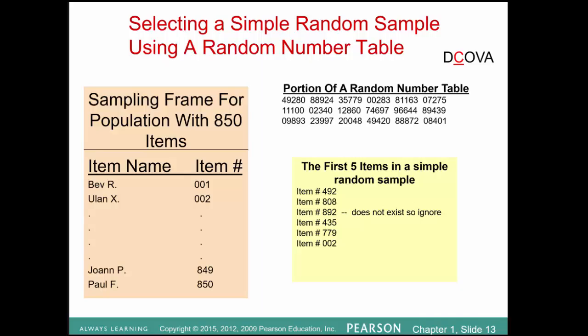As long as the 3 digits fall between 1 and 850, we will select that person to be included in our sample. For example, the random number 88924 would be used as 889 in our collection. But since it is greater than 850, we would discard this entry and move on to the next one.